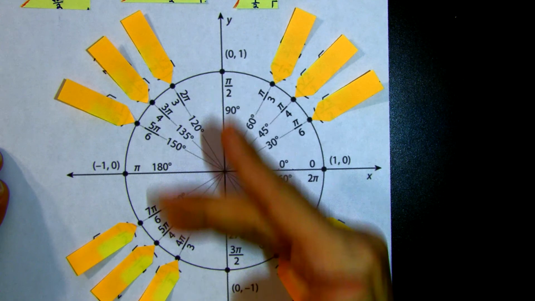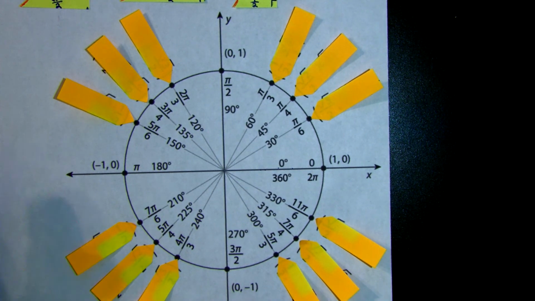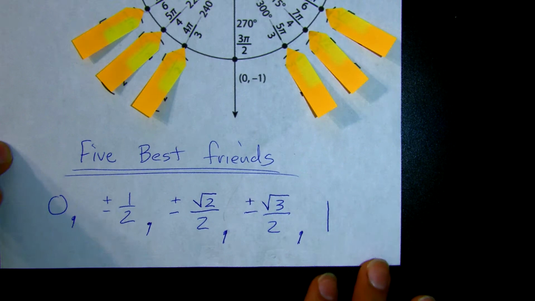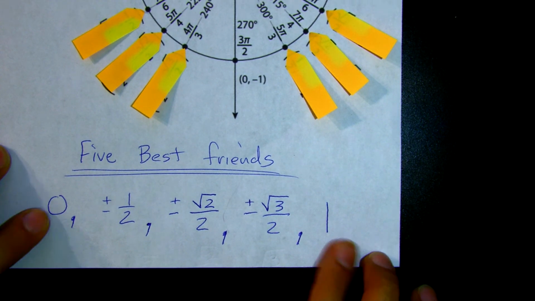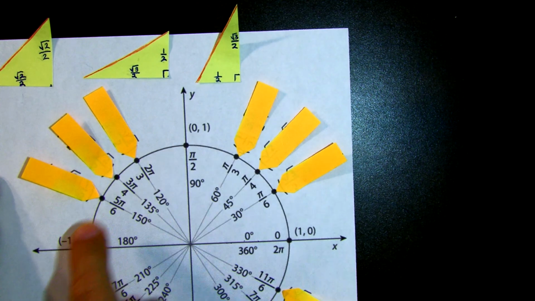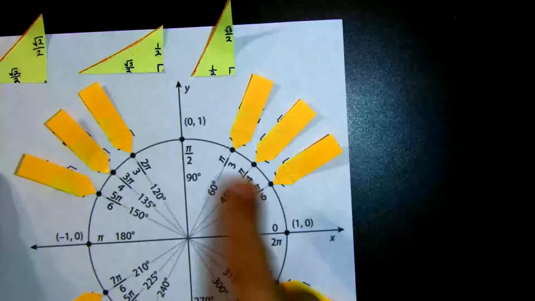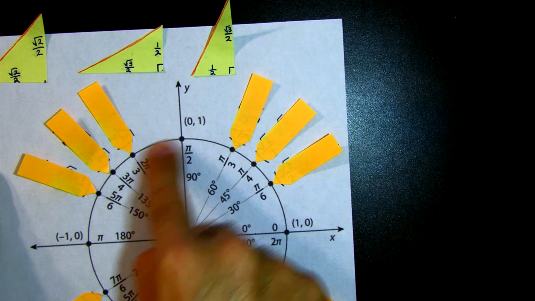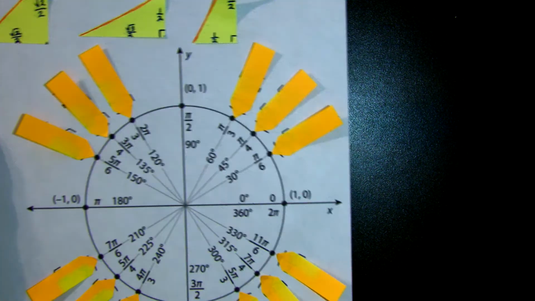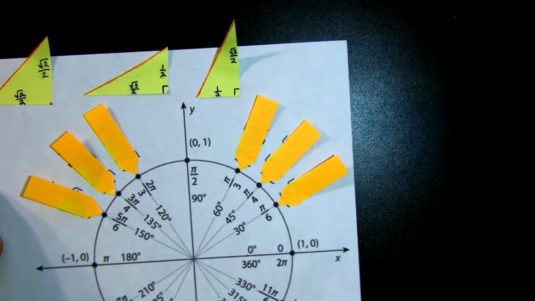Down here, it is 0 for x, -1 for y. So you can see we had our 5 best friends here. The 0 and the 1 only really ever come into play when you're at these 90-degree parts or these pi over 2 increments.